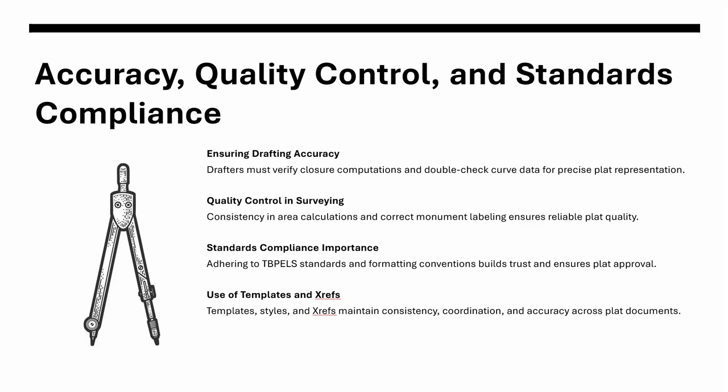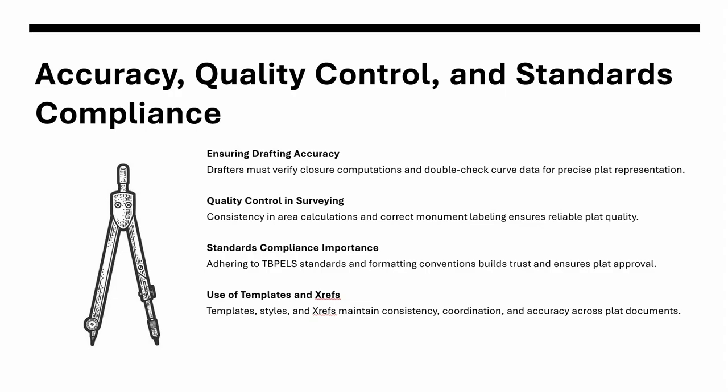And then beyond accuracy, the drafter is also responsible for standards compliance. In Texas, plats must conform to the requirements outlined by TBPLS and the detailed manual of practice. This includes not only substantive elements like bearings and easements, but also formatting conventions, line weights, fonts, symbols, north arrows, scales, and title blocks.